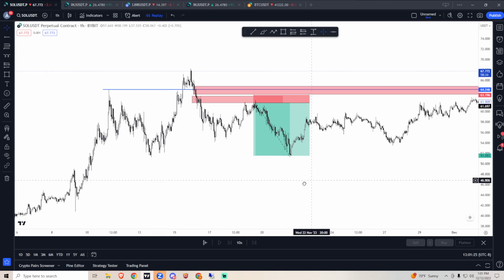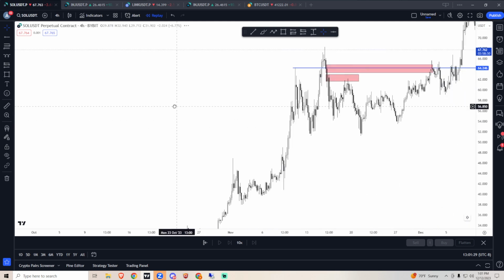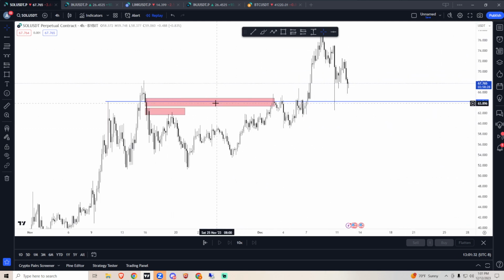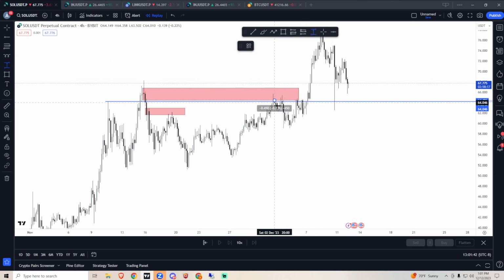Long the range lows, shorted the 4-hour order block, and got a nice 8% move down.